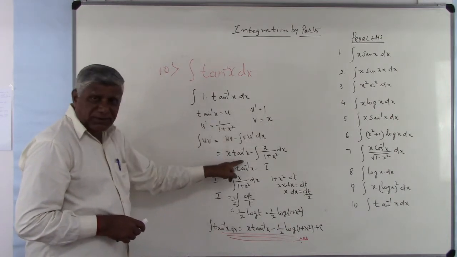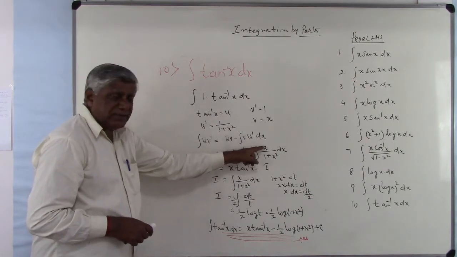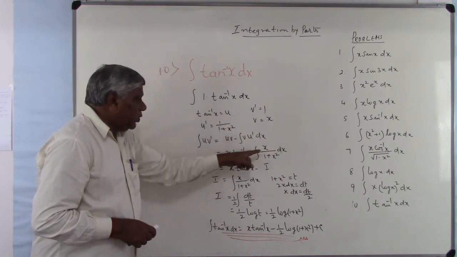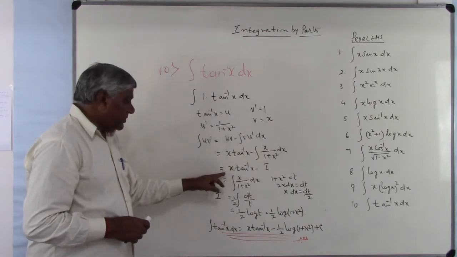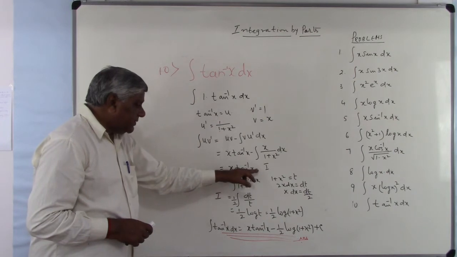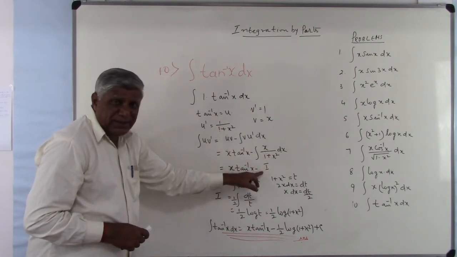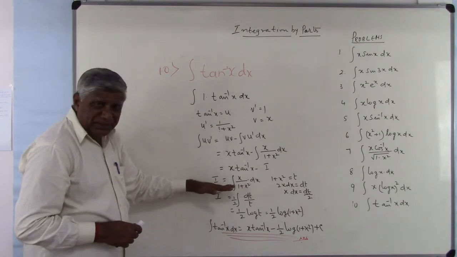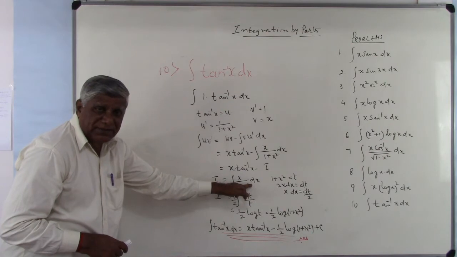So, x tan inverse x minus integral v is x divided by u dash is 1 over 1 plus x square into dx. Now, this is equal to x tan inverse x minus this integral, which I have kept as I. Now, I am going to do it separately. I is equal to integral x over 1 plus x square dx.